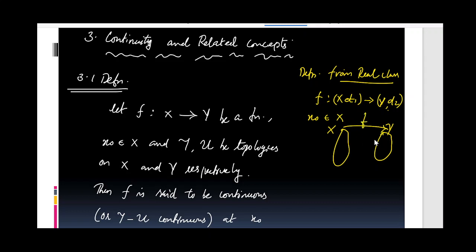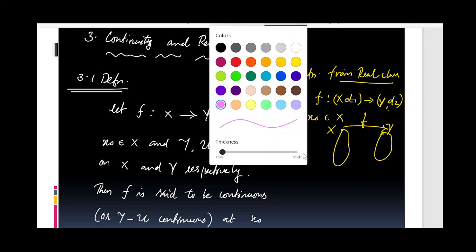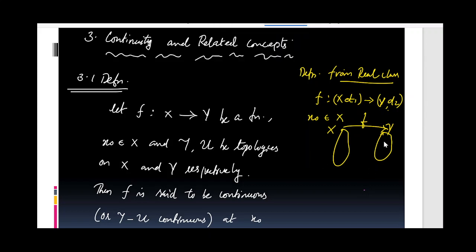for x naught we will prove that if there exists an open set which contains f of x naught, then there should exist an open set here which contains your x naught.